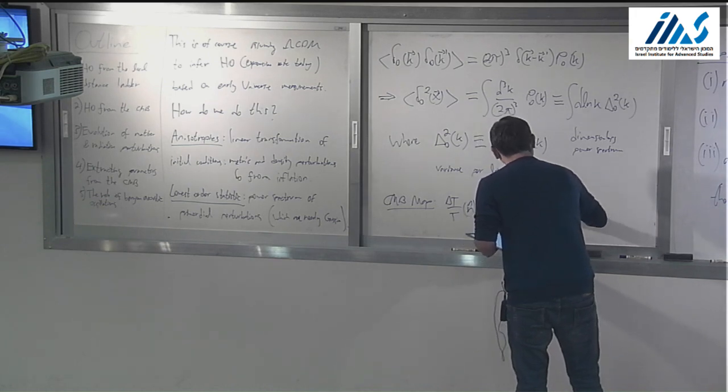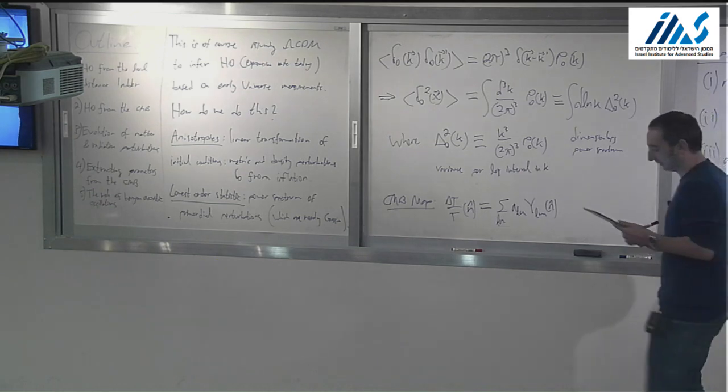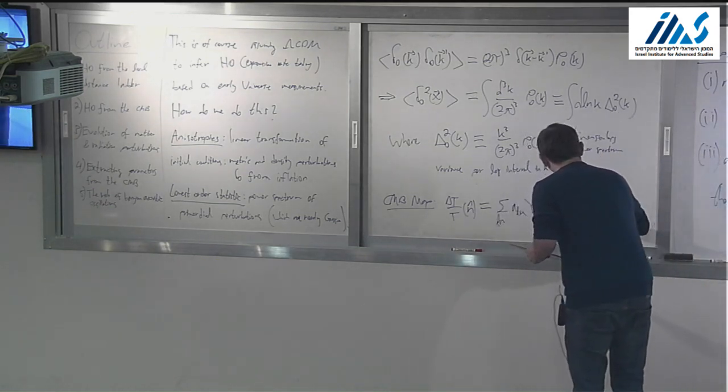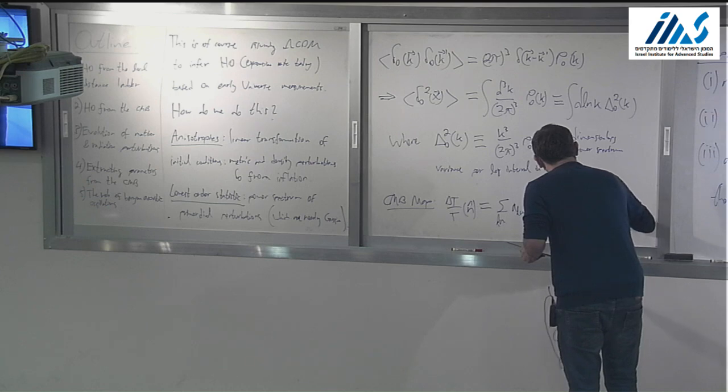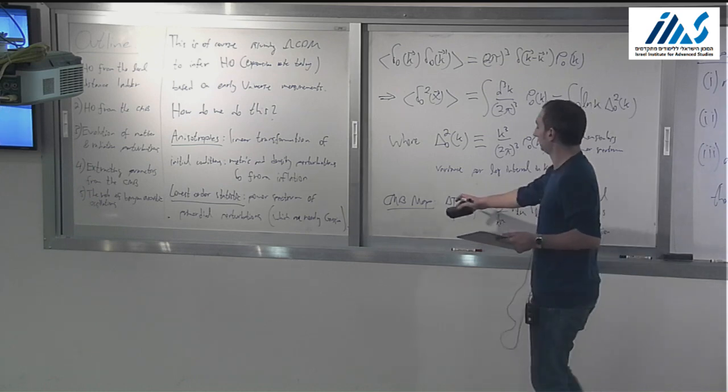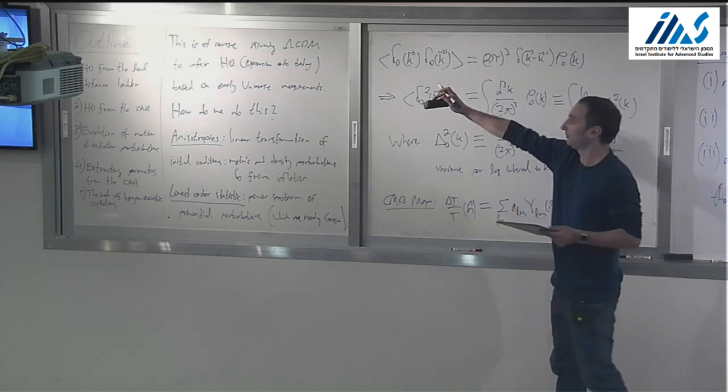That's right. The spherical harmonics. Okay, so we expand this in spherical harmonics. So this is the spherical harmonics expansion of delta T over T in some direction.